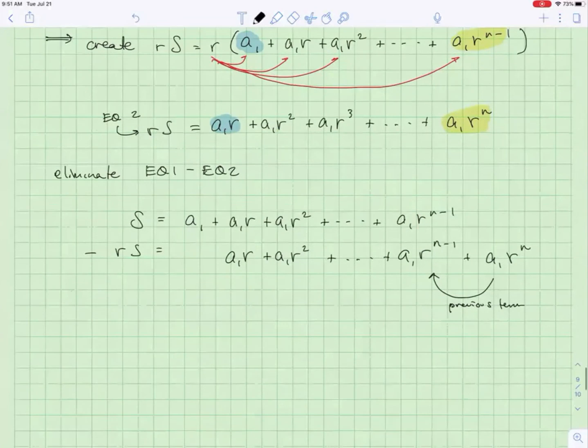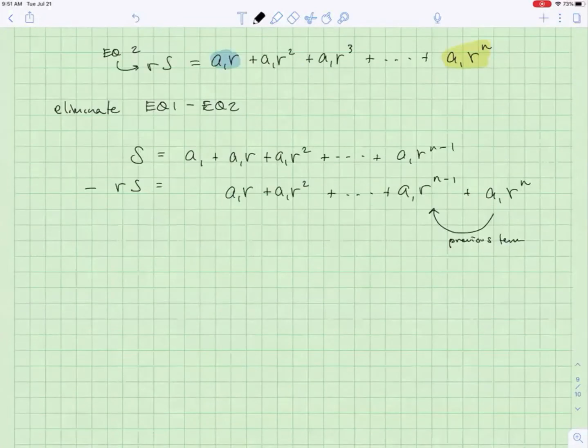And now when we subtract, what we're going to get is as follows. These terms will cancel. These terms will cancel. All these terms in between will cancel. The last term in the upper row will cancel, and the second to last term in the bottom row will cancel.